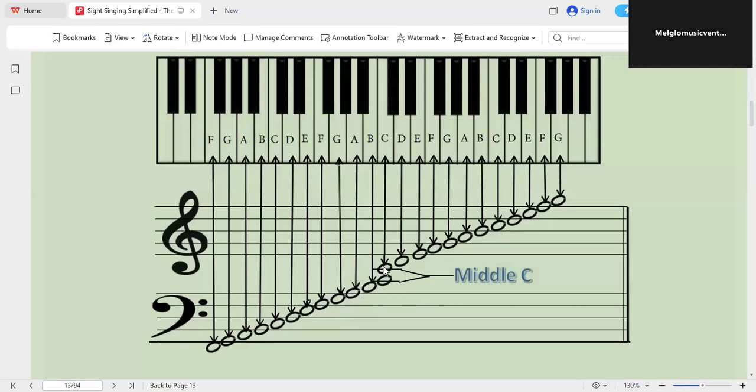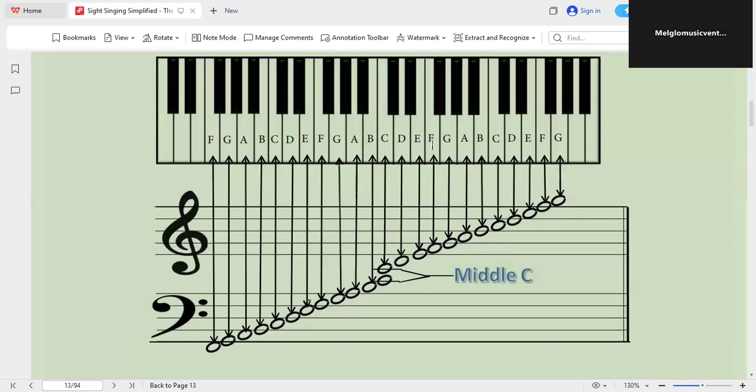And then after this middle C, the next space is D. And then we get to E, which is the first line on the treble staff. You can see how we linked them together. That's how they are linked in music. After this E, we have F, which is the first space on the treble staff, and we can see this is F again, the white key before the three black keys.